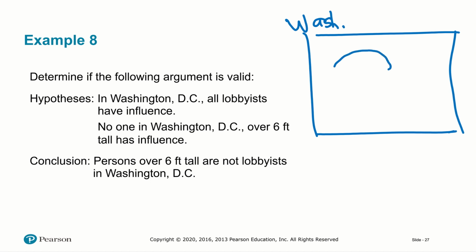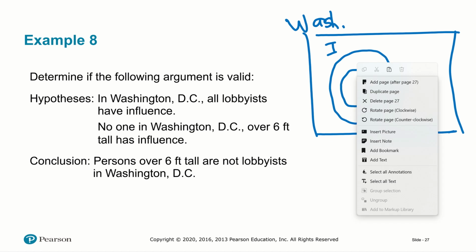So we'll draw a large circular kind of object, not quite a pretty one, but we'll let that represent the people in Washington, D.C. that have influence. And we know that all the lobbyists fall in that region because they all have influence, right? So within here, we have the group of people who are lobbyists.